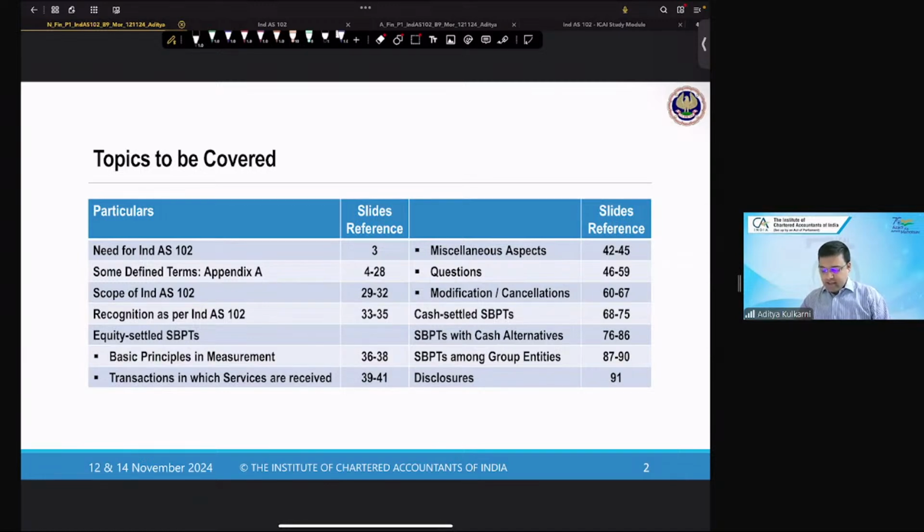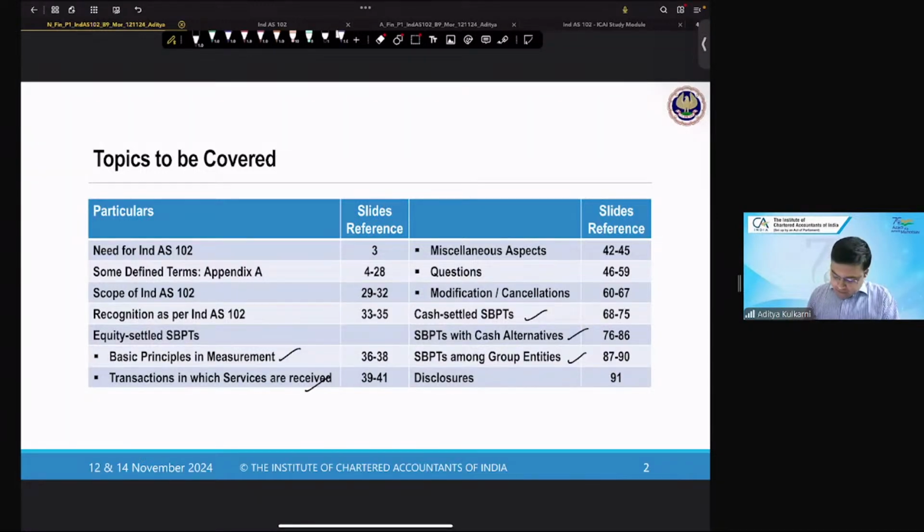Equity settled share-based payment transactions, what do they mean? The principles of measurement and the transactions where you receive the services, certain miscellaneous aspects. Then we look at cash settled share-based payment transactions, and SBPTs with cash alternatives. And we wind up with SBPTs among group entities. So these are the four to five broad categories that we are going to discuss.